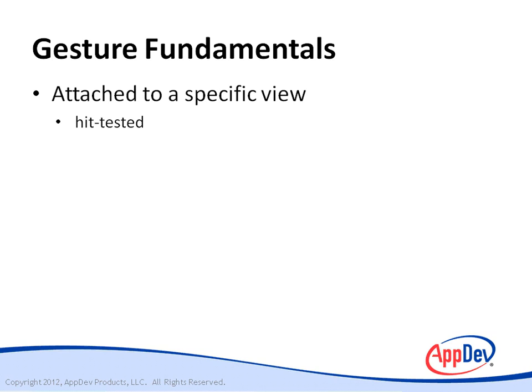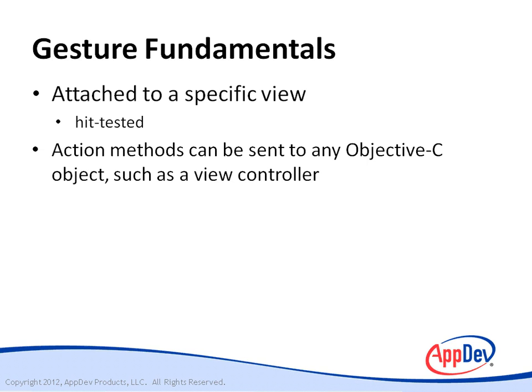So it does something similar to what we did in our UITouch code, where we tested to see whether the user was in the specific view we were interested in. Now, even though a gesture recognizer is attached to a specific view, it can send action methods to any Objective-C object, such as a view controller, another view, anything you want.